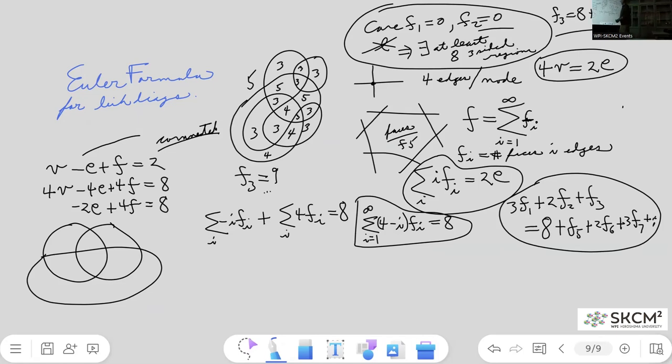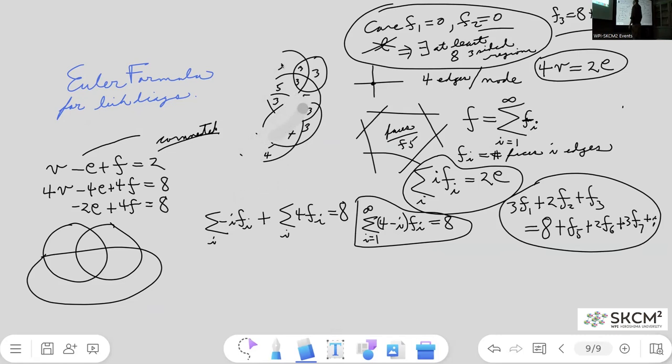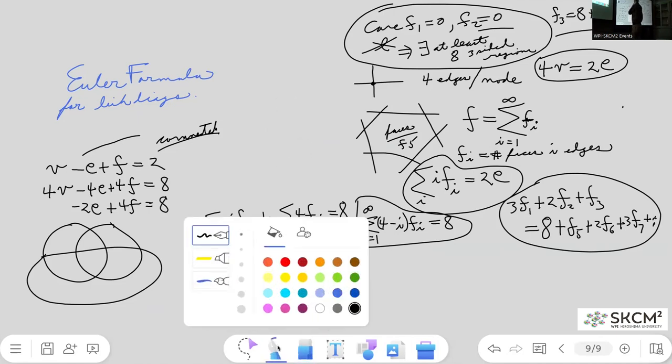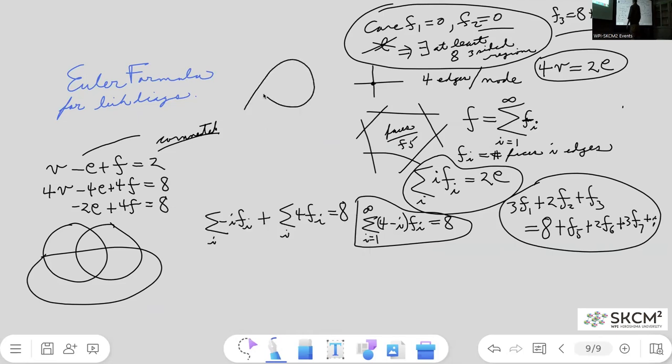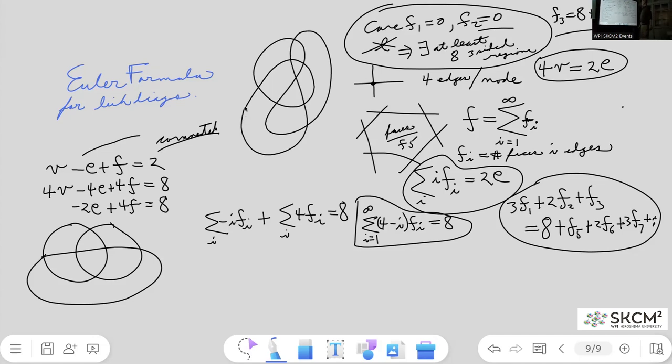And another diagram that is a good example of that, one that I drew last time, I'll draw it again. That's a diagram which has no one-sided regions and no two-sided regions.